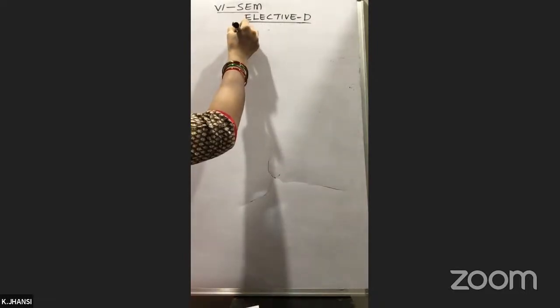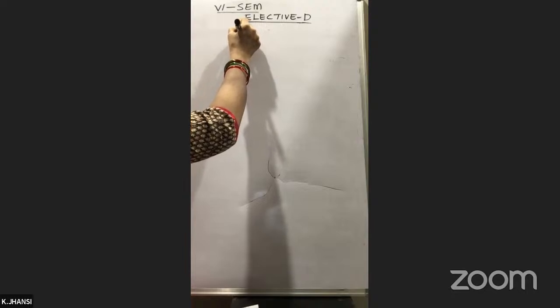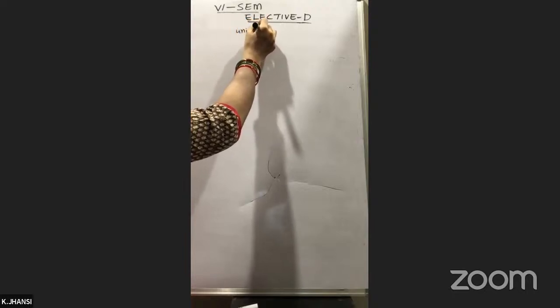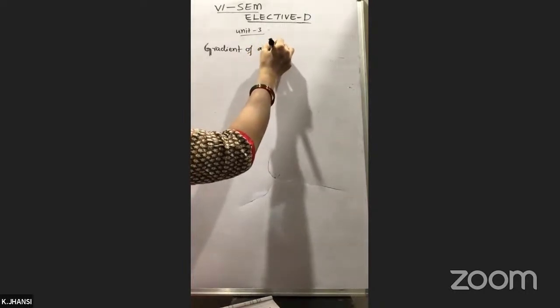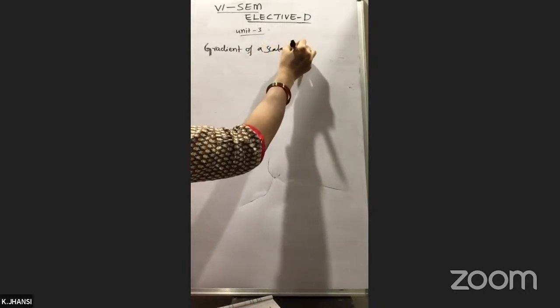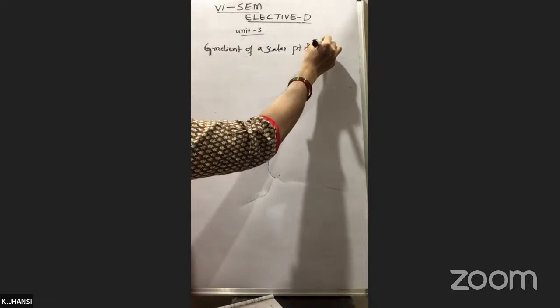Unit 3 is about the gradient of a scalar point function. So how is the gradient defined?